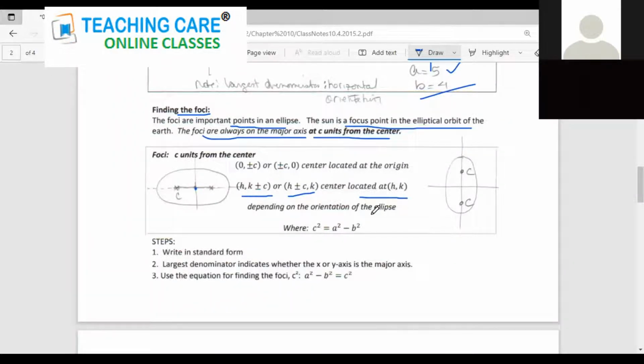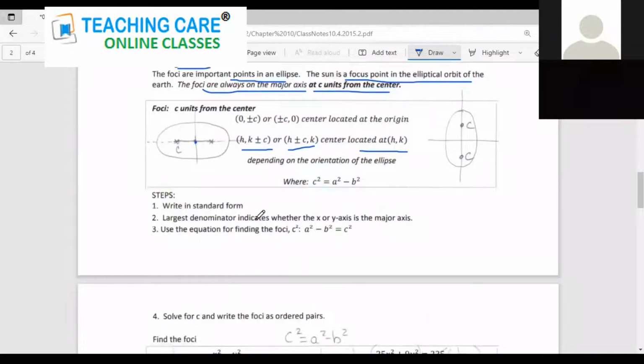Now I'll tell you the steps. Whatever is given, write it in standard form. The largest denominator indicates whether the X or Y axis is the major axis. Then you can use the formula A squared minus B squared equals C squared to find the foci.